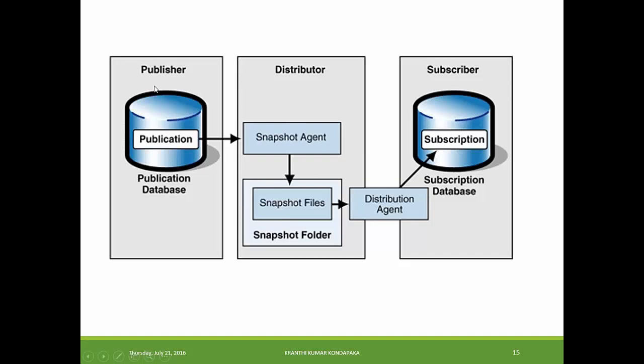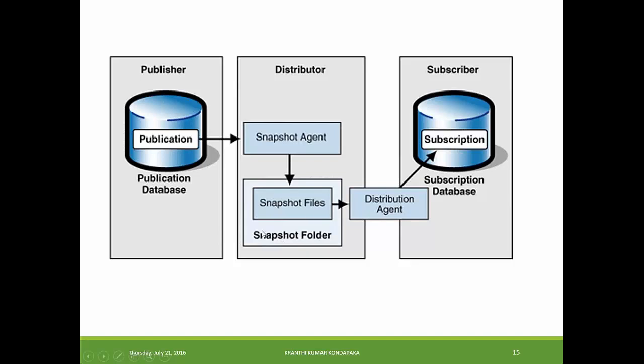So basically you can see here that when you implement the snapshot replication, first we select the articles and publications from the publisher server. Then the snapshot agent gets the data from here and dumps it into the snapshot files. As soon as I run my snapshot agent, it will create snapshot files in the snapshot folder.